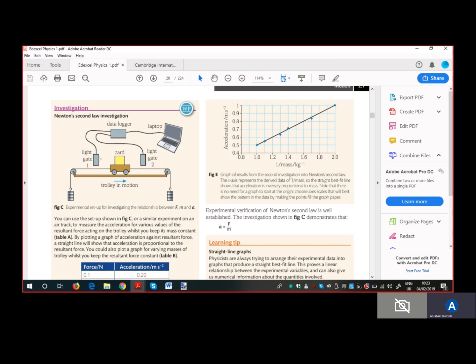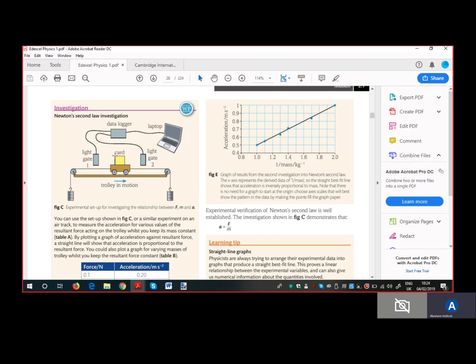Then when it passes the first light gate, using the analog and the laptop, we can get the initial velocity here, because when the card passes through the light gate, it initially blocks the light and then it unblocks the light. So using the length of the card and the time taken for the card to pass through the light gate, that length divided by time will give you the initial velocity, because speed or velocity is the distance over time, so displacement over time.